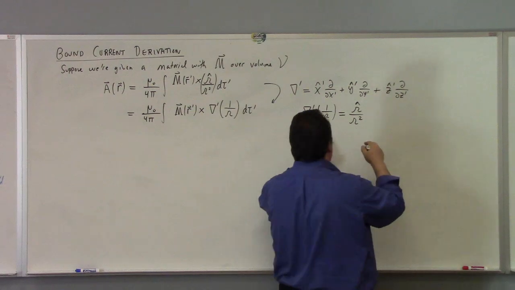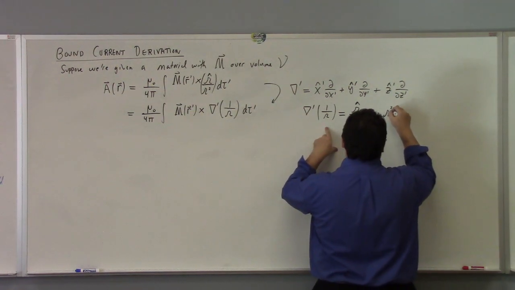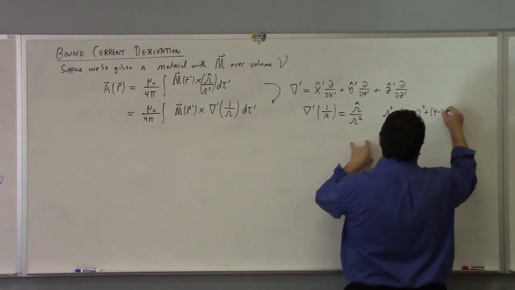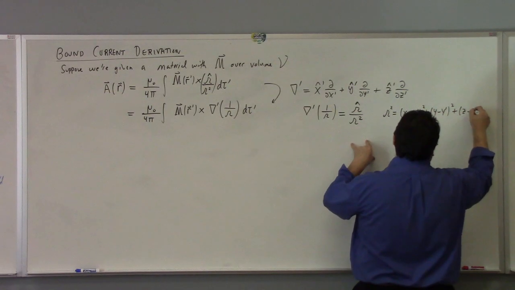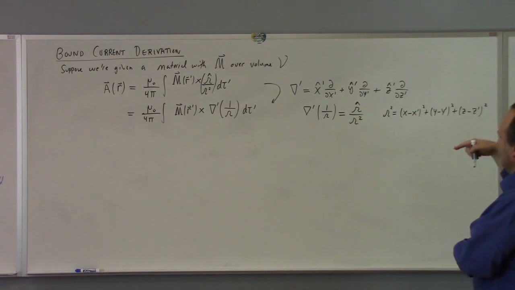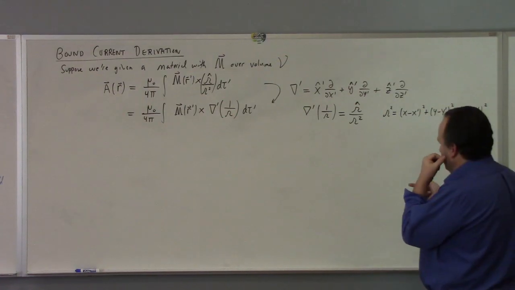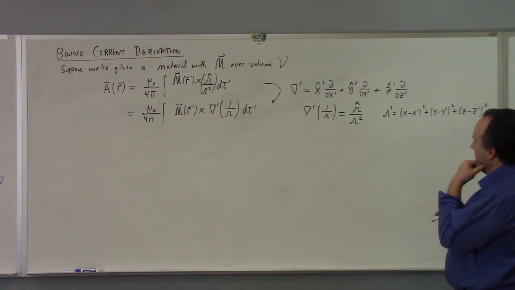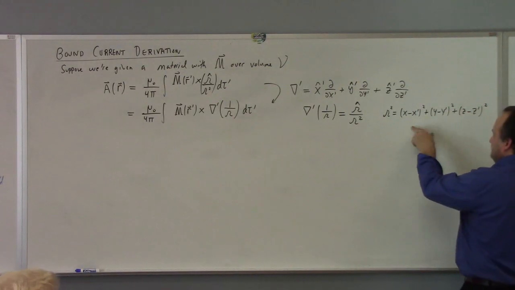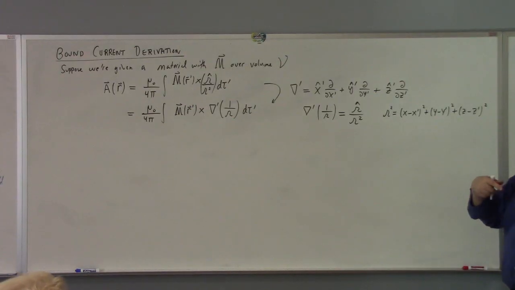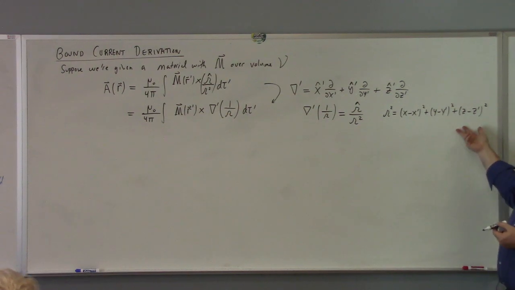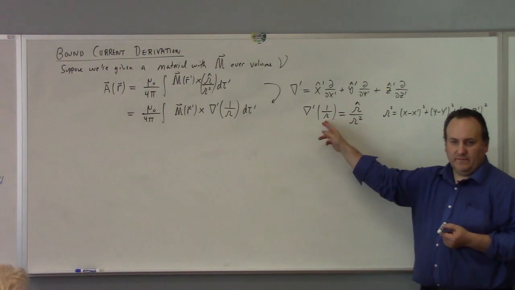Now, of course, script r squared is x minus x prime squared plus y minus y prime squared plus z minus z prime squared, right? So if you look at the derivative with respect to the prime, you pick up a minus from the chain rule, but then there's another minus from the derivative of the reciprocal function.